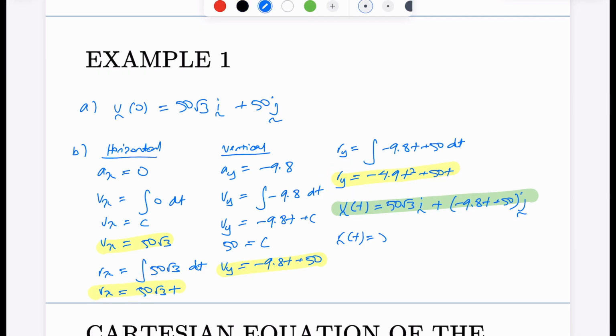So what I'll do is I'll grab my horizontal displacement, which is just this, and then I'll stick on my i vector to indicate that it's horizontal, and then I'll grab my vertical displacement, and I will just, in a similar way, stick on my j vector. Okay, now I've got my velocity and displacement equations over time.